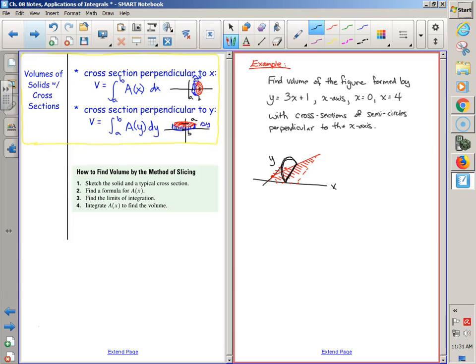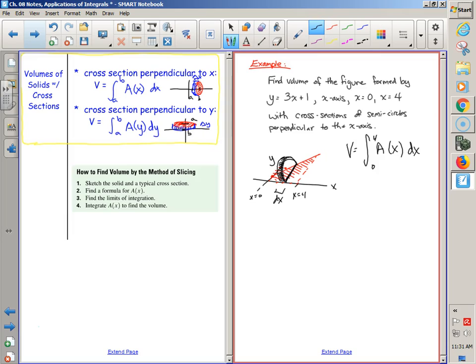If I give this guy depth, what's my depth going to be? dx. To give my semicircle depth, I'm going to have to go along the x. What are my bounds? The x bounds are going to be x equals 0 to 4, just like they told me.